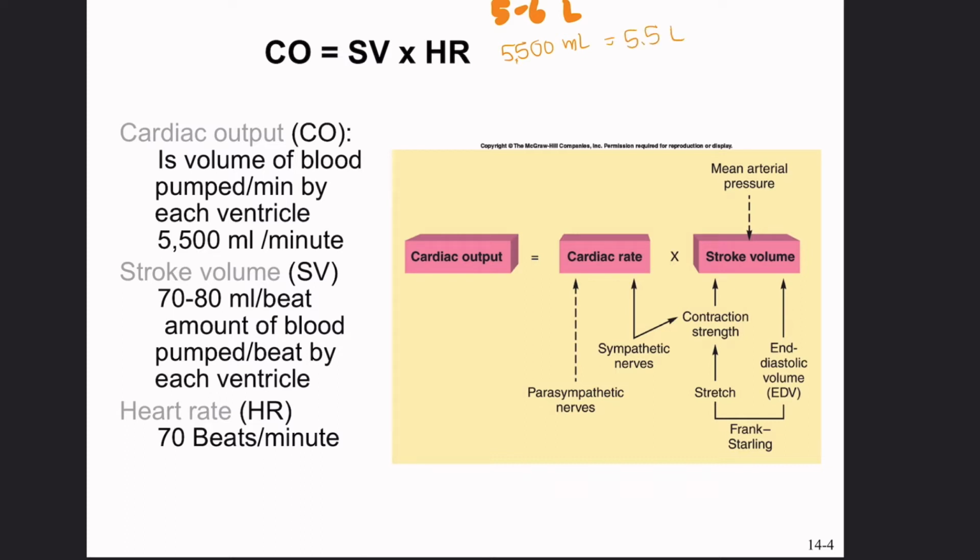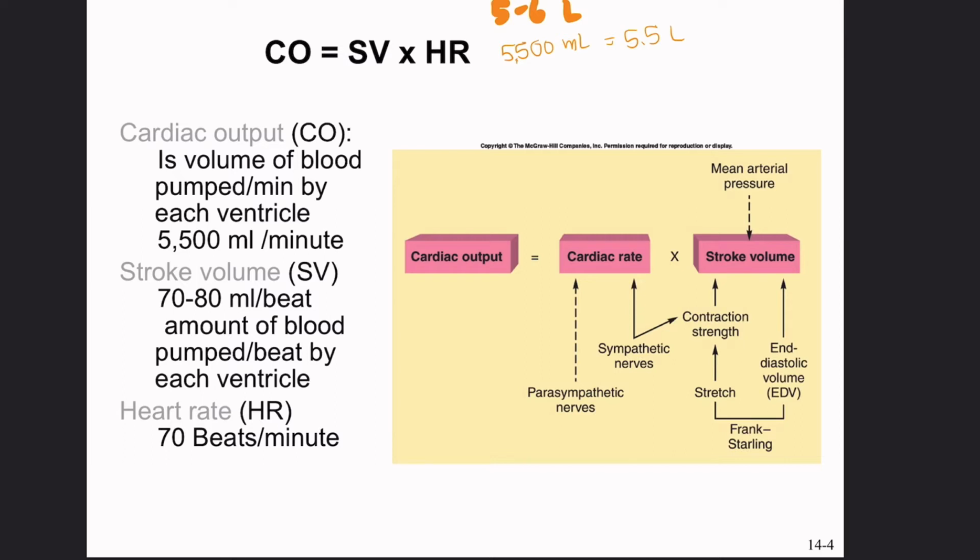That means that your heart pumps your whole volume of blood in 1 minute.